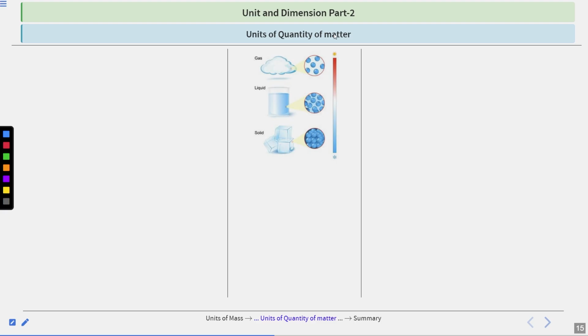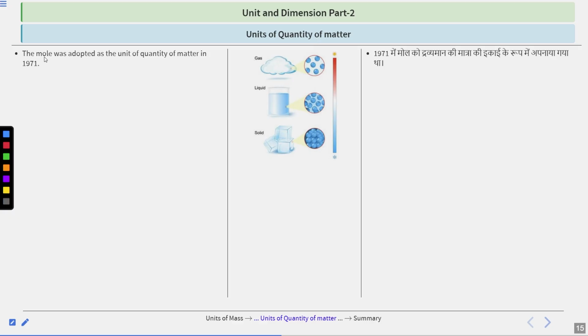Now it is time to talk about the unit of quantity of matter. How could we measure matter? In this picture, if you look carefully, solid has more matter, liquid less, gas is almost less. So how do we manage the unit of quantity of matter?